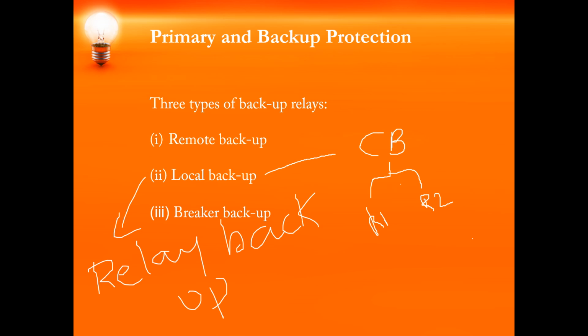The circuit breaker is only one. For the same circuit breaker, you will have two relays, two trip coils. That is called local backup or relay backup. So if this relay fails to operate, then this particular relay R2 will make the circuit breaker trip. That is local backup.